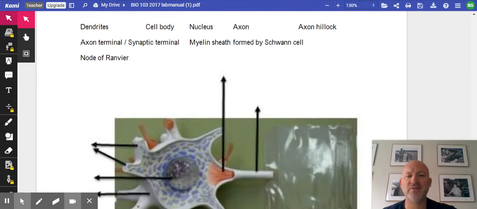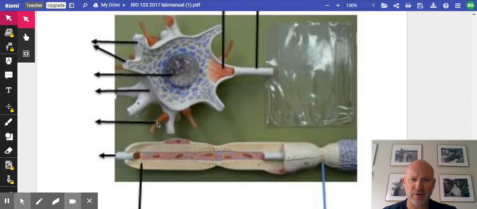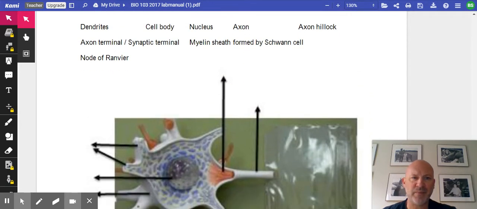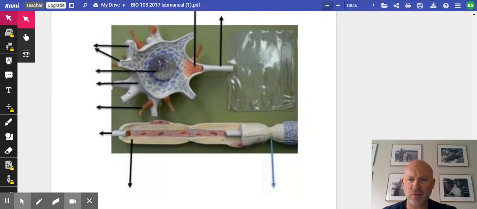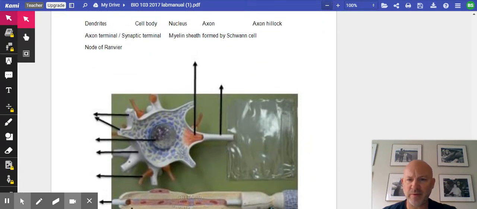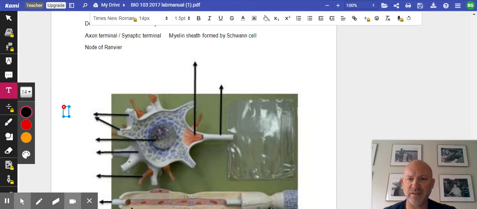All right, so this is a picture of a neuron model that we would normally have at our desks. Let's start by labeling this. The first thing that I think we should label that makes sense is this ball right in the middle.